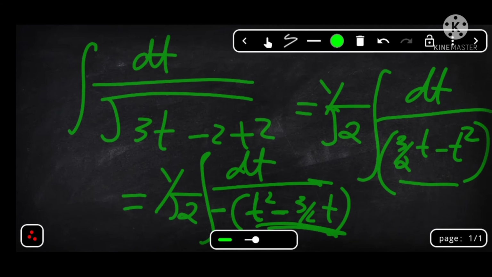We need that. So since we don't have it, there is a root, don't miss it. We don't have that. So what we will do is, we'll just add and subtract 3 by 4 the whole square.